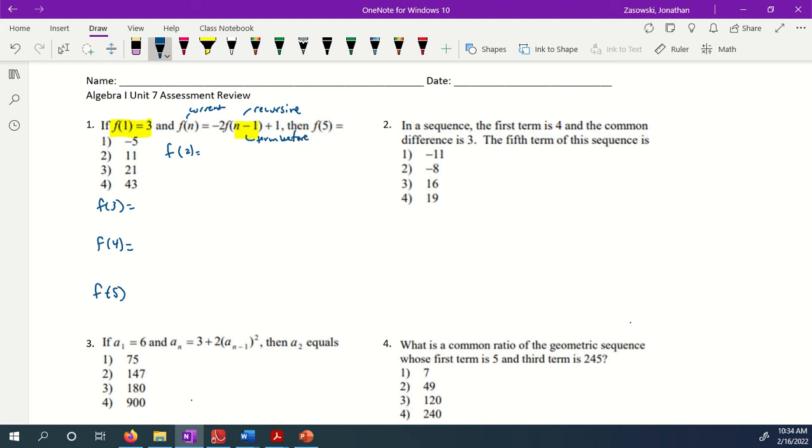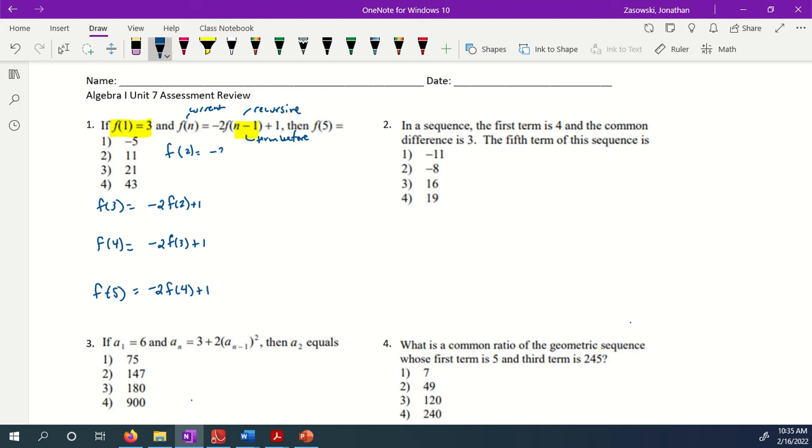So if we want to do f of 5, we have to work backwards, okay? So f of 5 is going to be negative 2 times f of 4 plus 1. F of 4 is going to be negative 2 times f of 3 plus 1, because n minus 1 is 3. f of 3 is negative 2 times f of 2 plus 1.